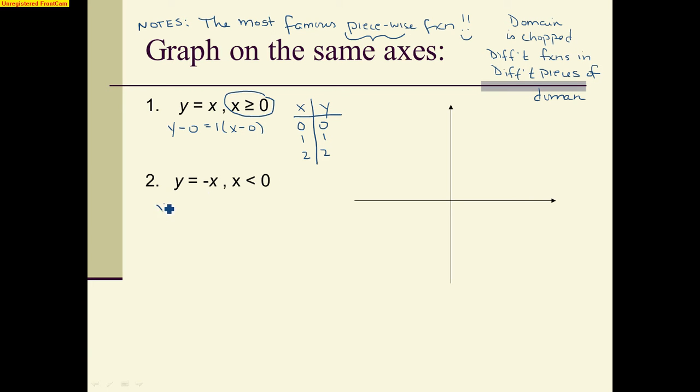But here, this is y minus 0 is equal to negative 1, x minus 0. Only I'm letting you graph these not when x is 0, but when x is below 0, so like negative a half, y is 1/2. Negative 1, y is 1. Negative 2, y is 2, and so on and so forth. There's the first piece.